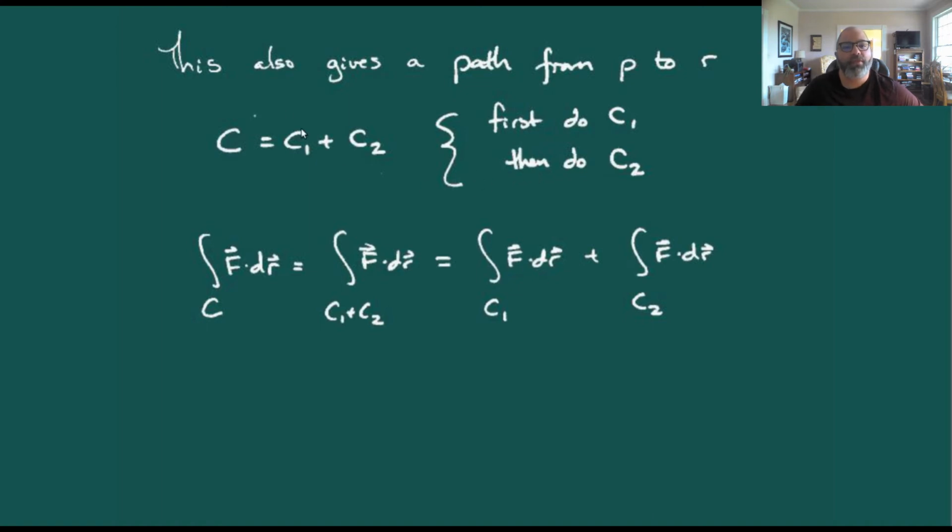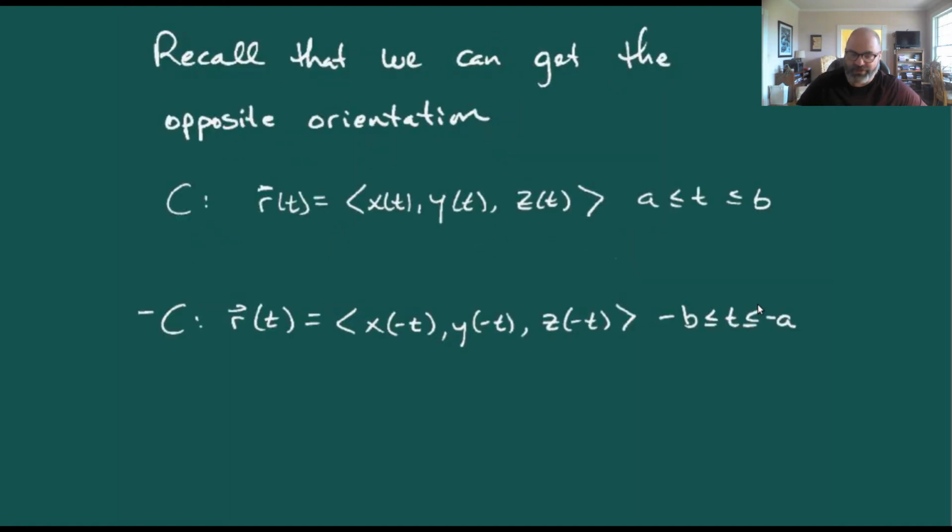What this really gives us is a path from P all the way over to R, and we can denote that by C1 plus C2, which is really just saying first you do C1, then you do C2, and you get from P over to R. With our line integrals, the line integral over our entire path from P to R, the line integral over C1 plus C2, distributes and splits apart in the natural way into our line integral over C1 plus our line integral over C2.